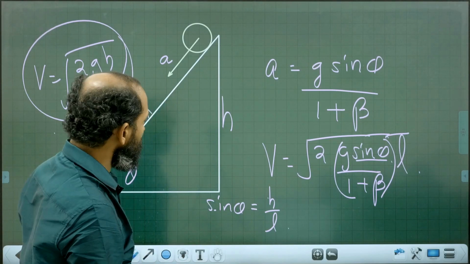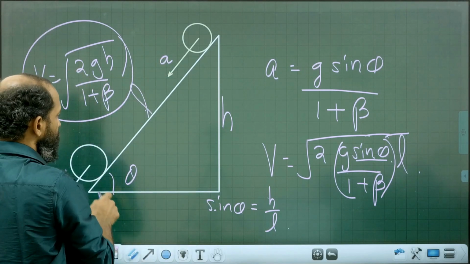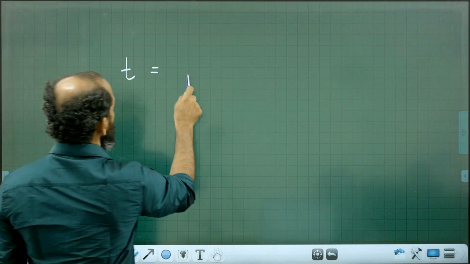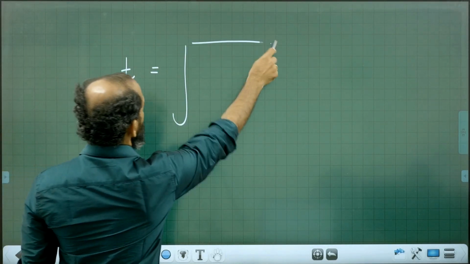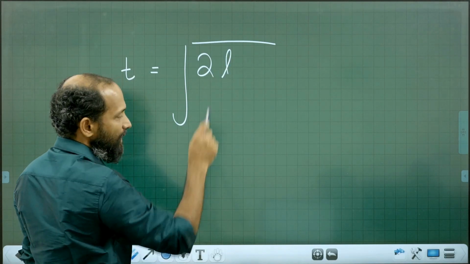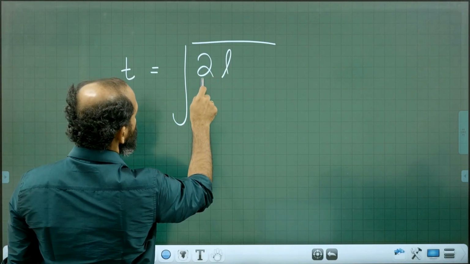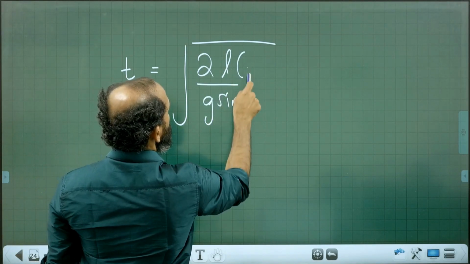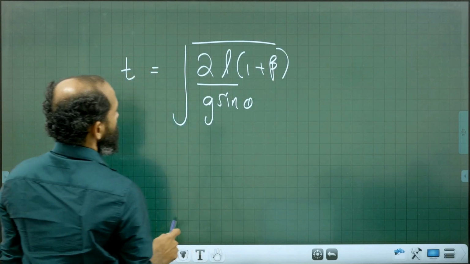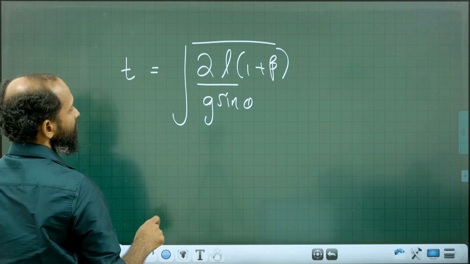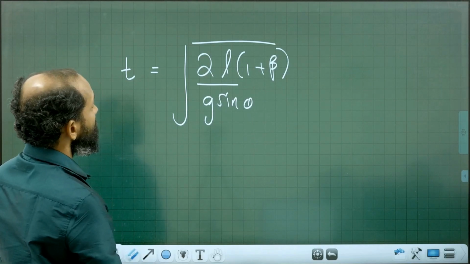What is the time taken by the body to roll down? Time is equal to root of 2L divided by A, where L is the length over which it comes down, and A is g sin theta by (1 + beta). Here also you can use sin theta equal to h by L.